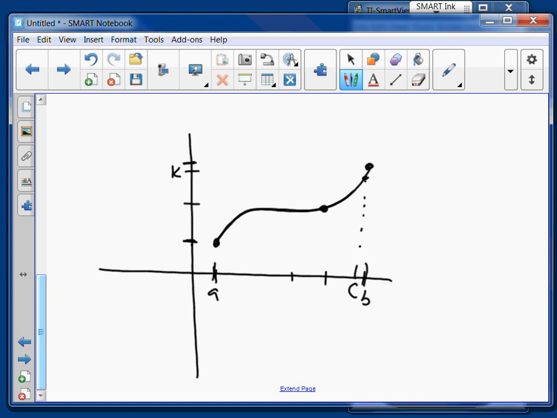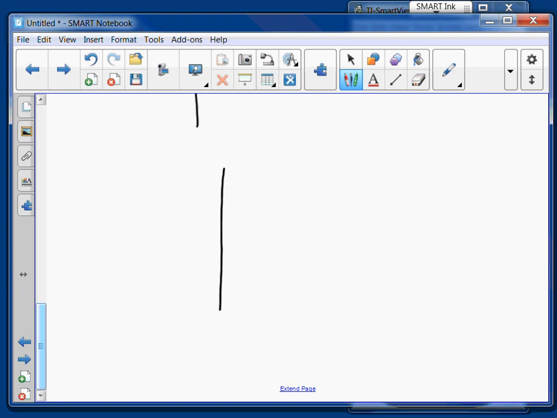C can't be outside. Basically, it eliminates this situation where it's not a function.